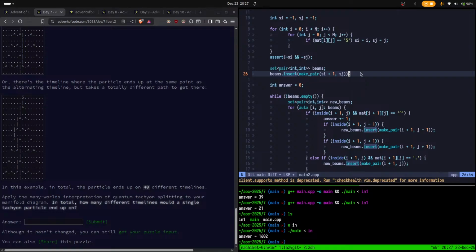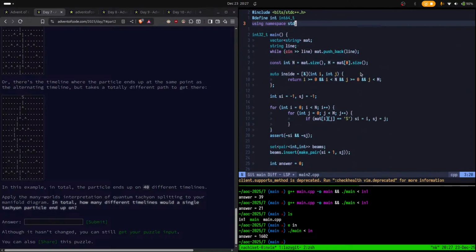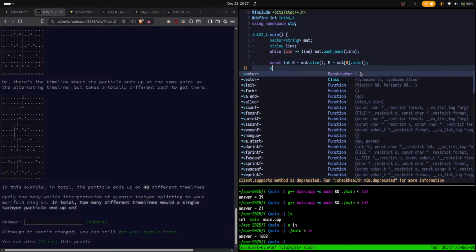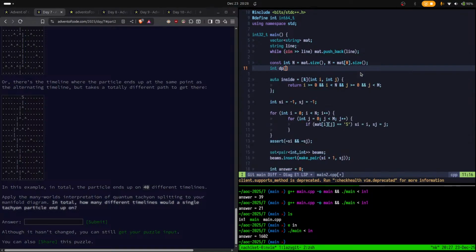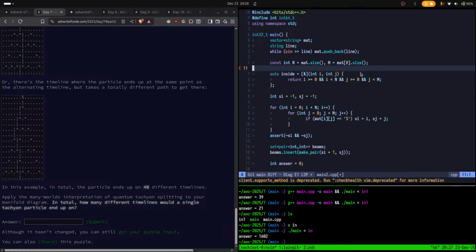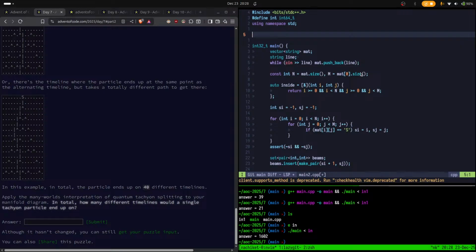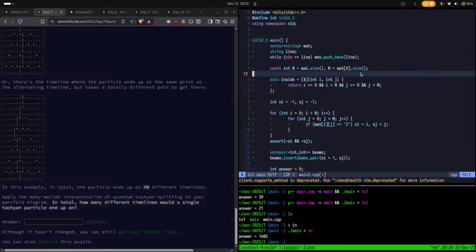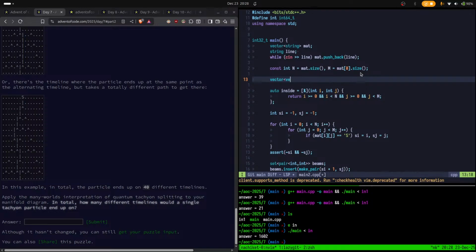Do it like this, so probably require a vector here. So let's make it a vector instead of a set.